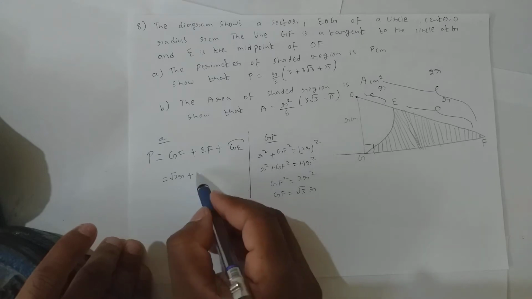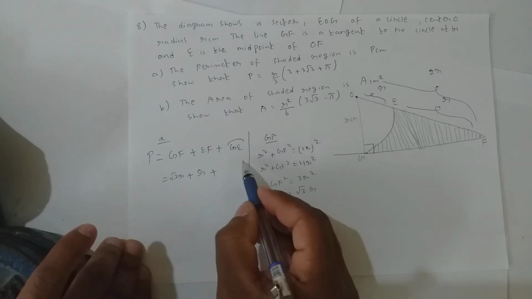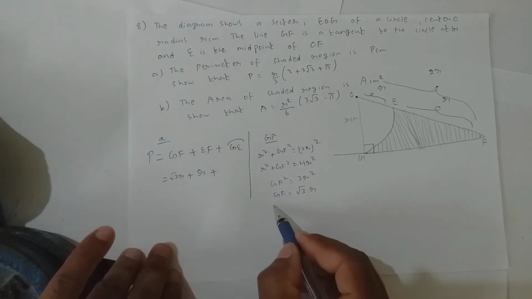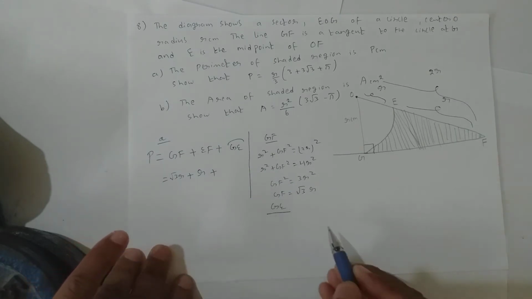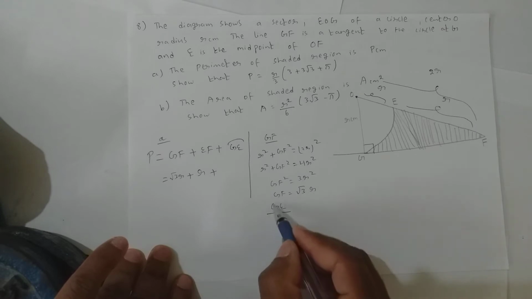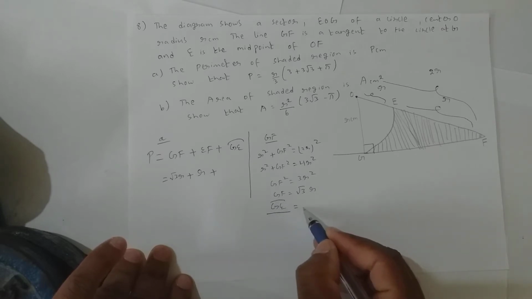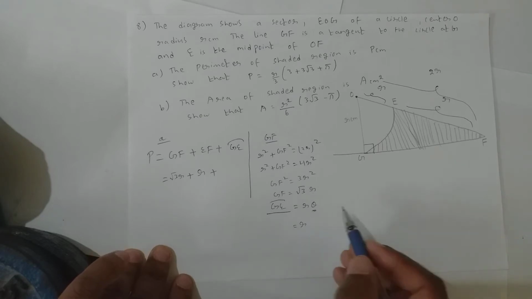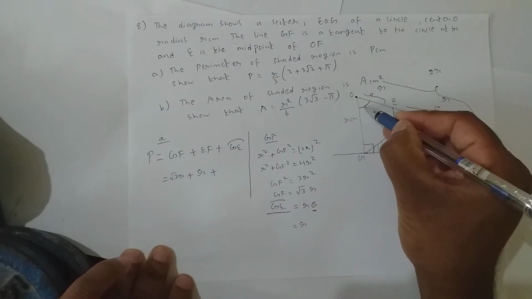And EF is also r, plus arc length GE. To get arc length GE, write like this: arc length equals, formula is r theta. r remains like that, theta I need to find. Theta is this angle.